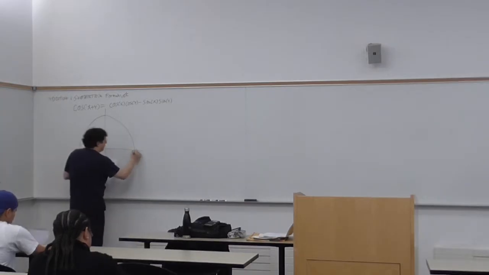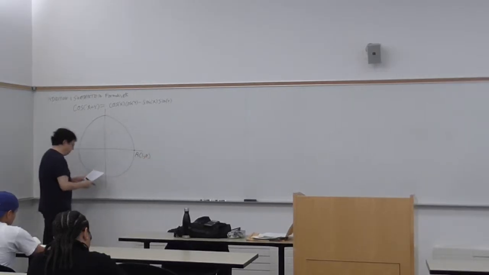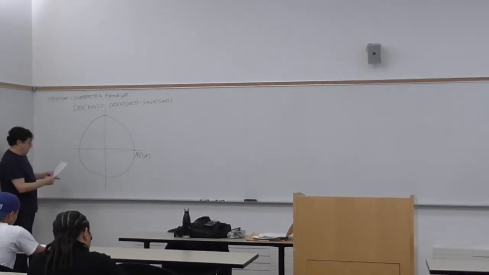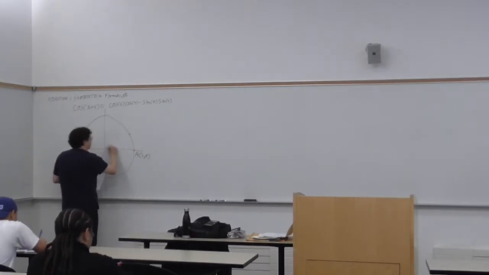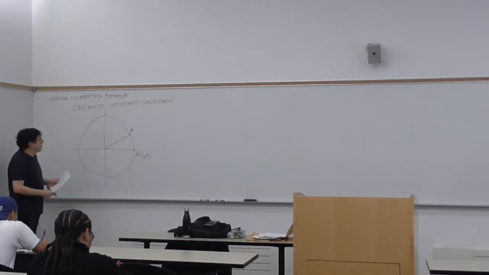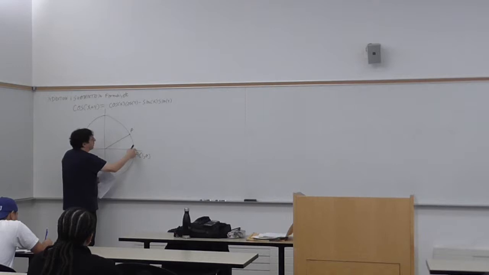We're going to label this point here A, coordinate (1, 0). And we're going to choose some arbitrary point in the first quadrant we're going to call P. And we're going to give a name to this arc.